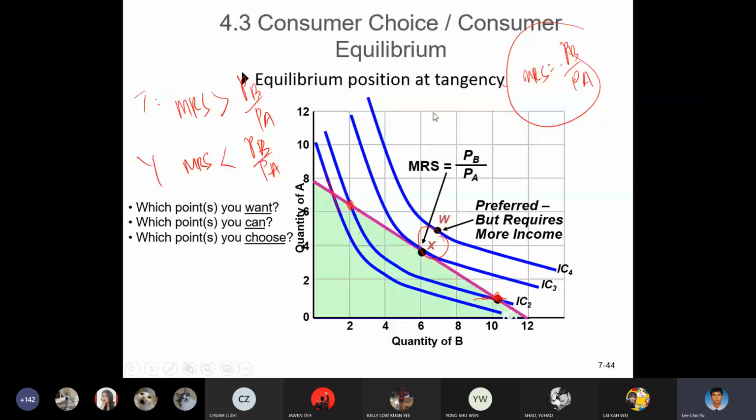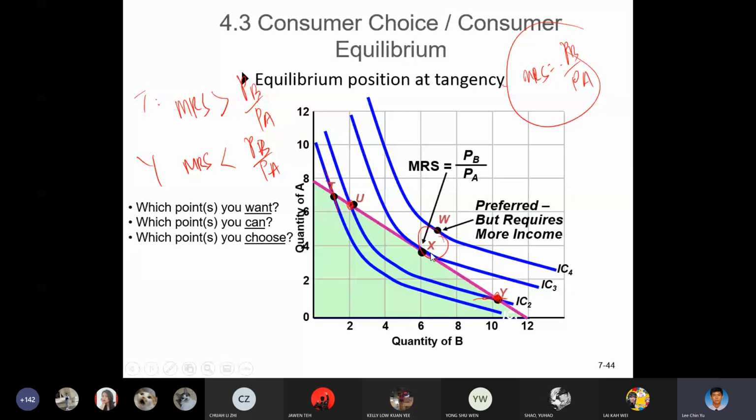For points T, U, and Y, even though we utilize all the income, we are not maximizing the utility. So only point X will maximize the utility.